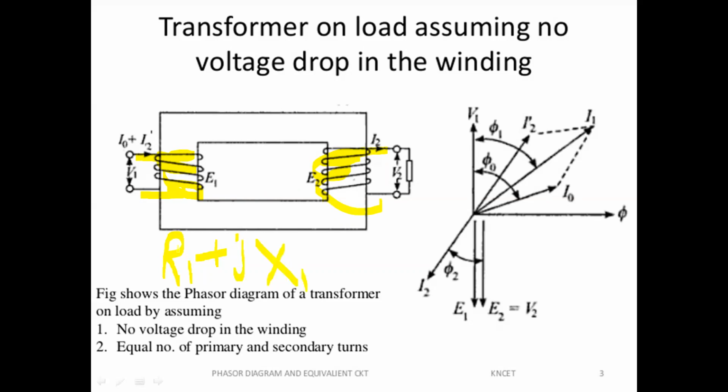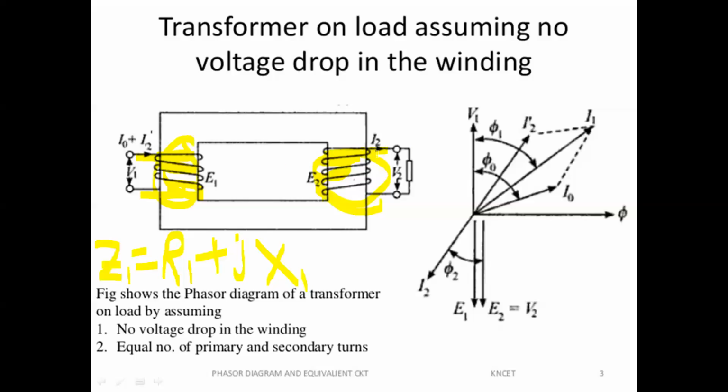If we neglect the resistance and reactance of the primary and secondary windings, the impedances of the primary and secondary circuits are neglected, which means voltage drops are neglected.